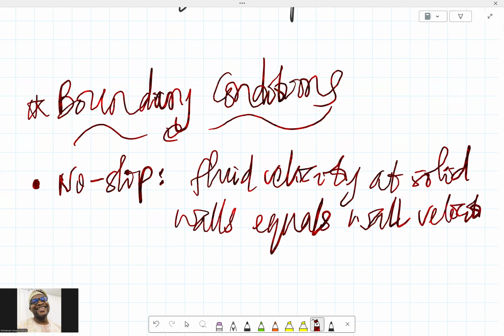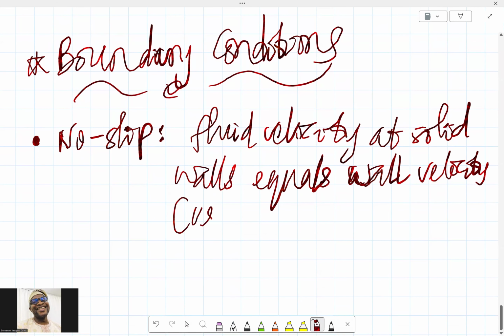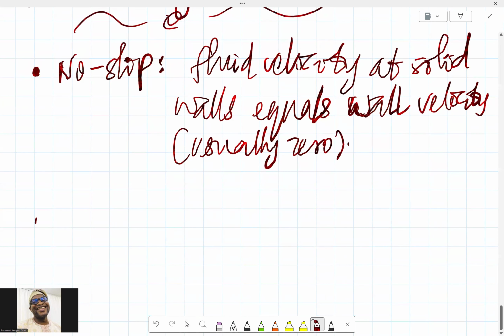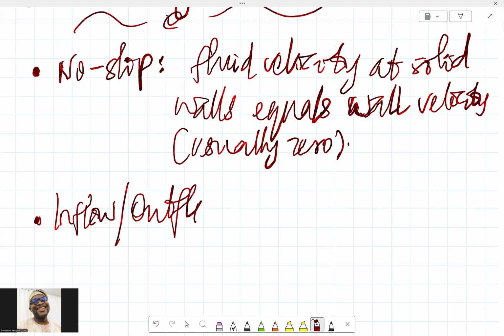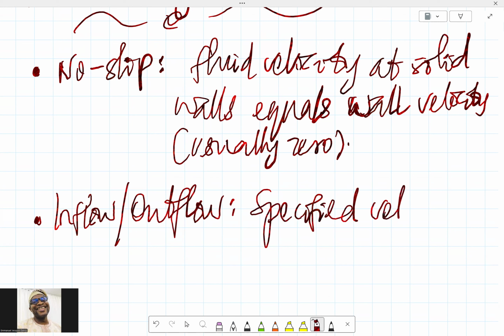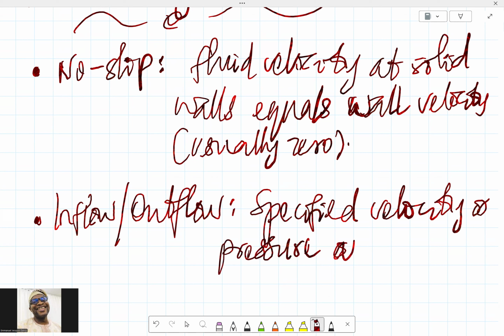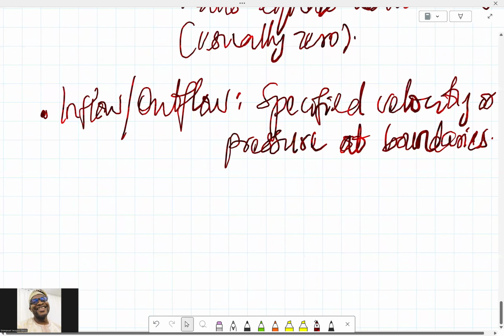And of course, the wall is usually not moving, so for an unmoving wall, the velocity is usually 0. So no slip happens in that situation. Then you have inflow or outflow boundaries. Here you have specified velocity or pressure at boundaries. So you have no slip, inflow or outflow as boundary types.